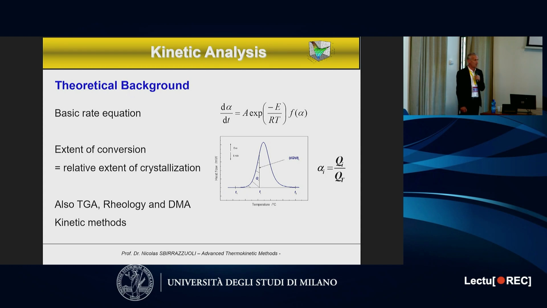It can be easily obtained by DSC measurement because we just divide the heat at one time by the total heat release. But I have also developed some special methods to apply this to rheology and DMA. For thermogravimetry, it was already existing, but with rheology and dynamic mechanical analysis, as I will show you.